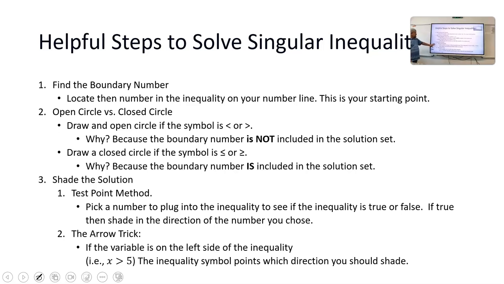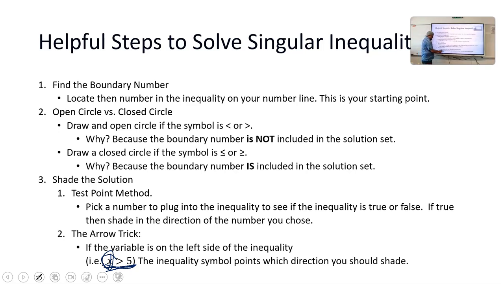You can do this by using the test point method, which means you pick a number and plug it back into the inequality to see if the inequality is true or false. If it's true, then you shade in the direction of that number you chose. Or you can do the arrow trick. If the variable is on the left side of the inequality, like x is greater than 5, then the inequality symbol will point in the direction you should go.